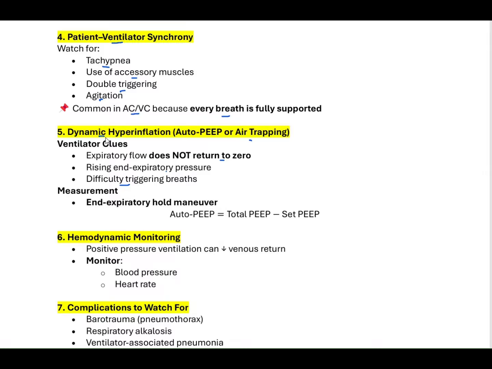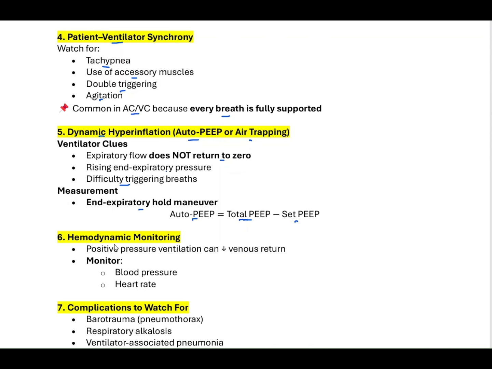The way we measure auto-PEEP is with an end-expiratory hold maneuver. That will give you your total PEEP. Once you know your total PEEP, you subtract your set PEEP from it, and that gives you the patient's intrinsic PEEP, right?